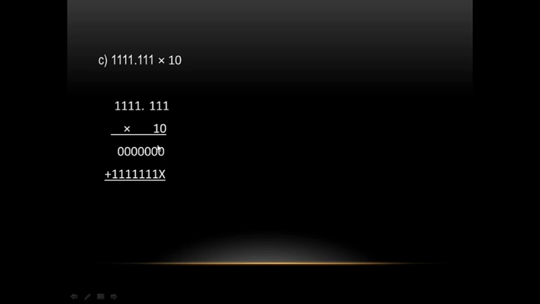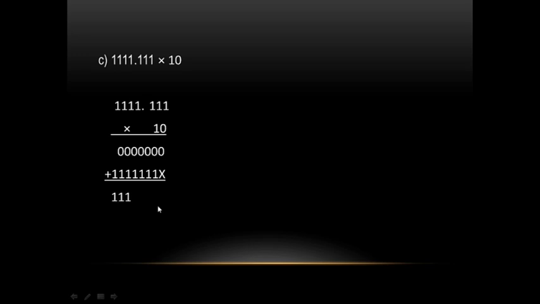add them. So here 1 into 1 will be 1, 1 into 1 is 1, and so on for all the digits, each is 1. So now perform the addition between them.